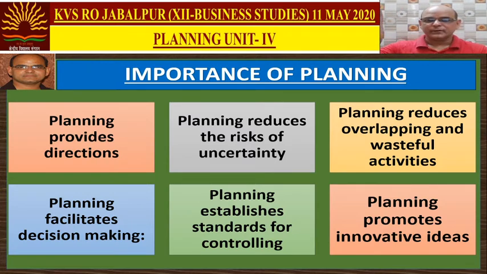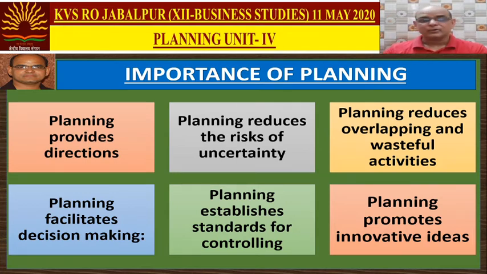I will arrange for the fire extinguishers. I will get my shop and other things insured. So if the fire breaks out, I will be in a position to fight with that and will be able to reduce the risk caused due to fire.